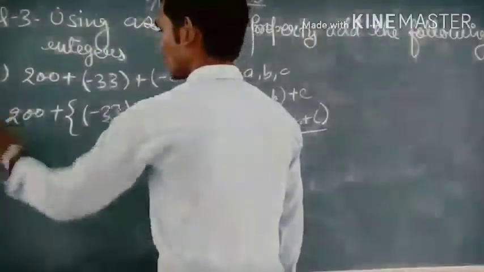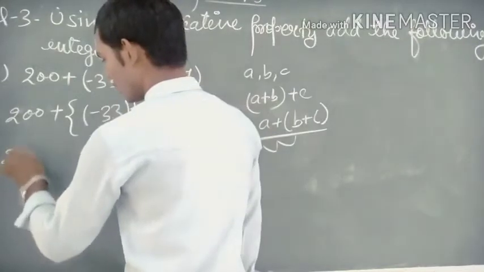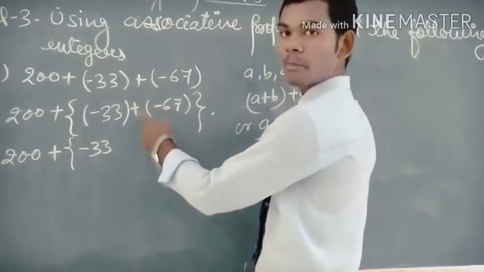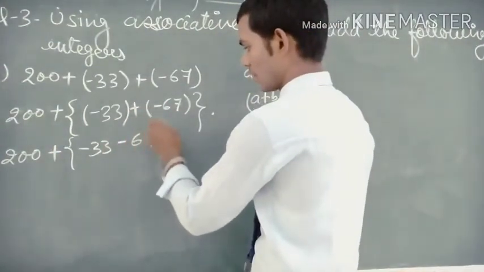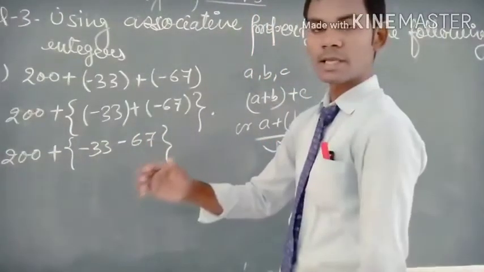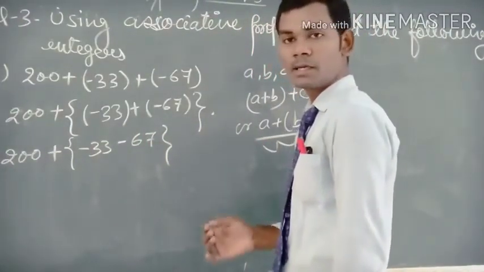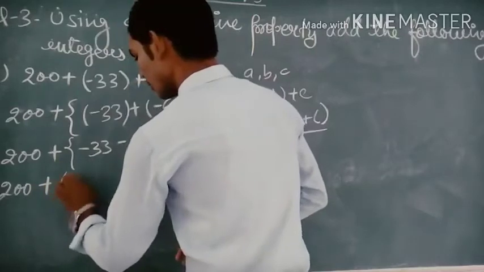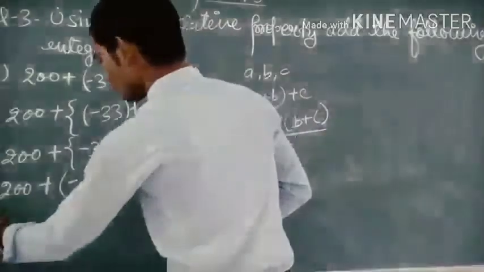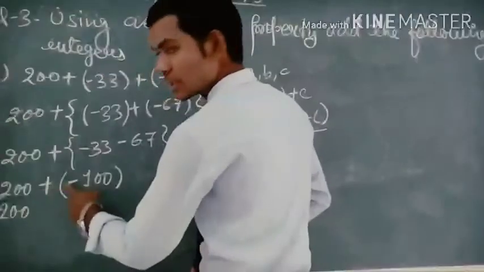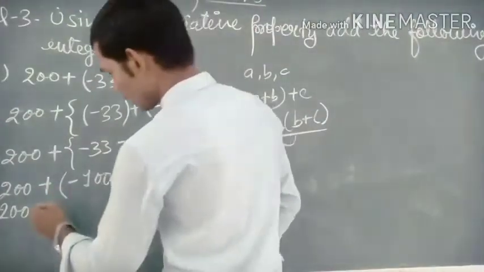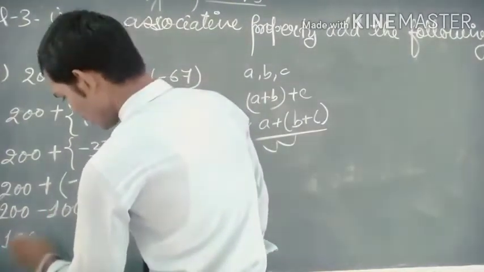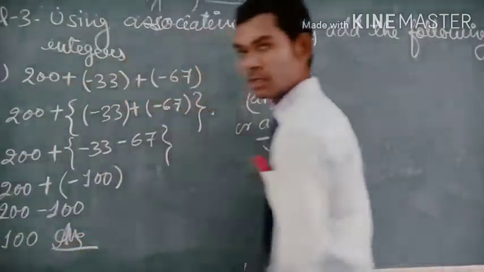And now solve them, we get 200 plus minus 33 plus minus minus 67, and here both integers are negative, so they will be added and give us 200 plus minus 100, and this will be 100, which is our required result.